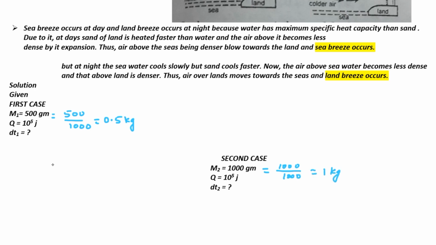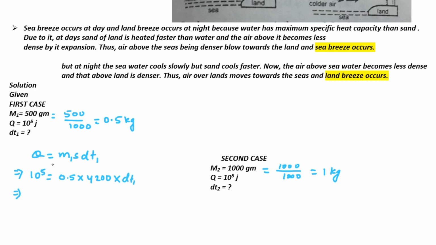So we have the heat equation Q equals m s dt. Here in this case, we have m1 dt1, and Q and S are the same. So we have Q 10 to the power 5, mass is 0.5 and specific heat capacity is 4200, and we have to first find dt1.